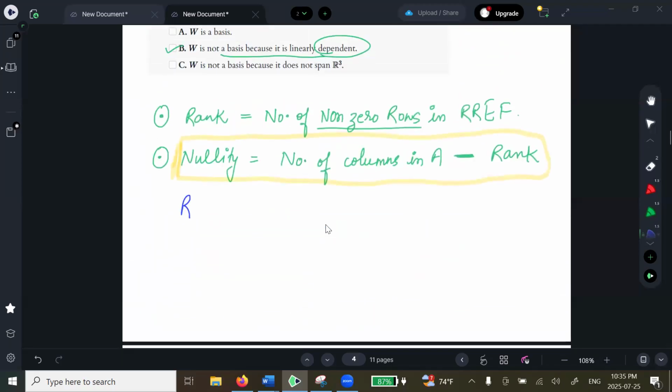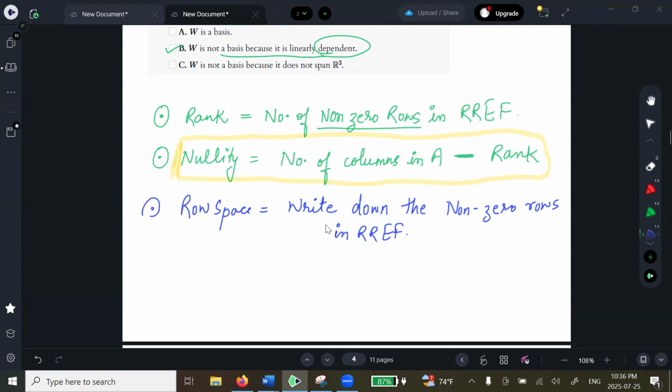Row space, write down the non-zero. Now don't worry too much about the orientation of your vectors. If your answers and your values match the correct answer, I'll give you a full point. You know, I give partial credits, so email me. Non-zero rows in RREF. Okay, that's your row space.